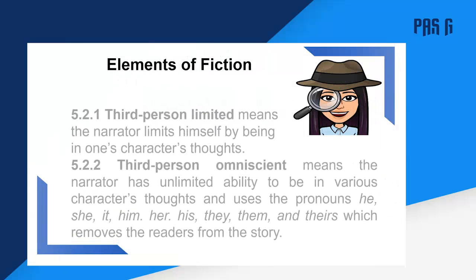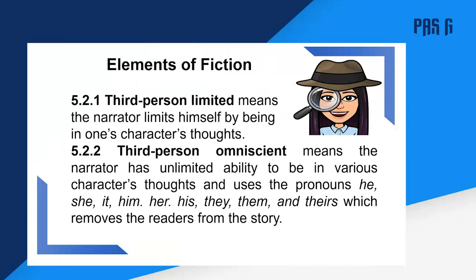The third person limited means the narrator limits himself by being in one character's thoughts, while the third person omniscient means the narrator has unlimited ability to be in various characters' thoughts and uses the pronouns he, she, it, him, her, his, they, them, and theirs, which removes the readers from the story.